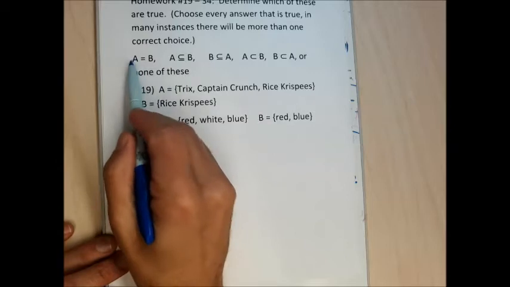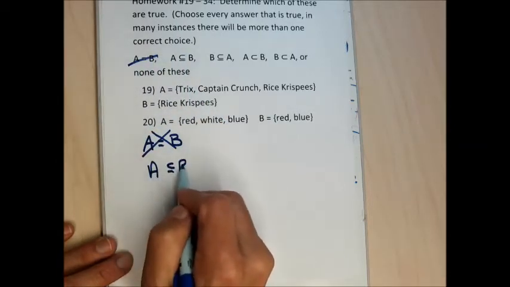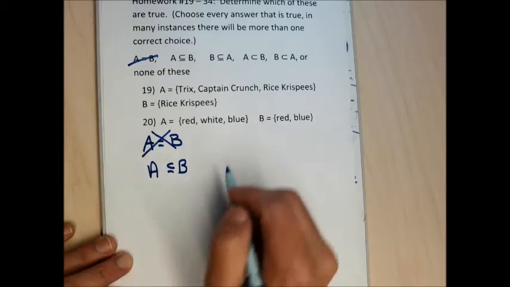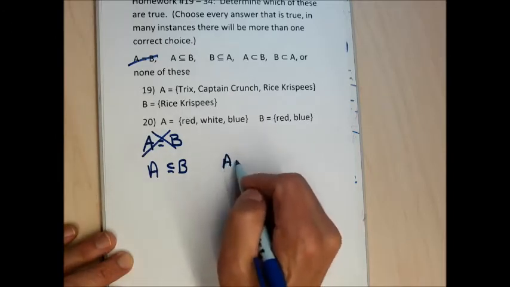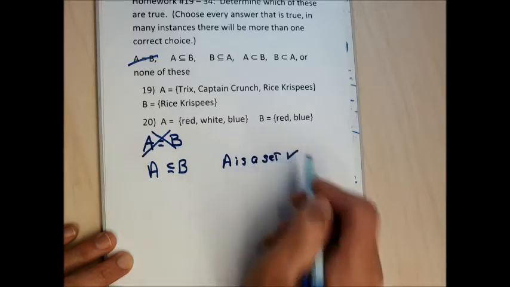Second object I'm going to check, is A a subset of B? There's two things I need. A has to be a set, and A is a set.